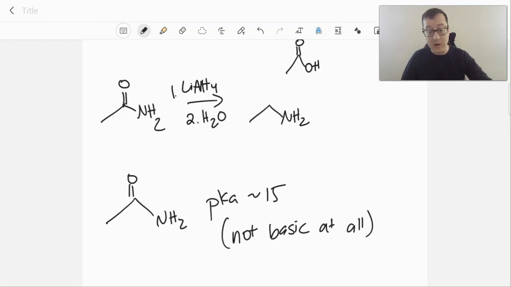They're not bases at all, unlike amines. Amines are bases, but amides are not. And we'll see why that is in a second. And in fact, because of the ability of the amide to resonate once it's deprotonated, these are actually slightly acidic. So unlike our other nitrogen-containing compounds, which are all bases, amides are actually slightly acidic.